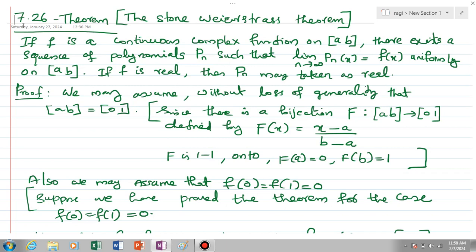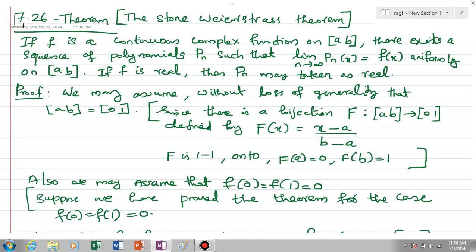We have a function f which is continuous and complex defined on closed interval [a, b]. Without loss of generality, we can assume that the closed interval [a, b] is equal to closed interval [0, 1], because there is a bijection from closed interval [a, b] to closed interval [0, 1] defined by capital F of x equal to (x minus a) by (b minus a).